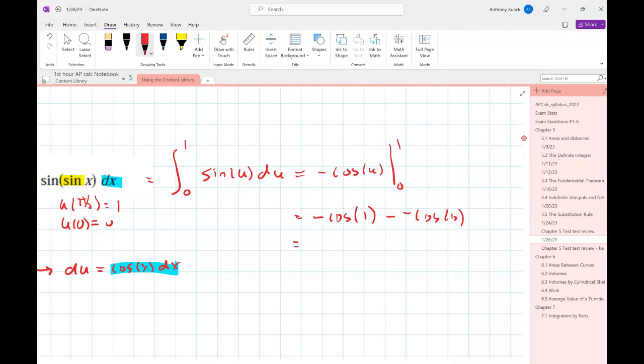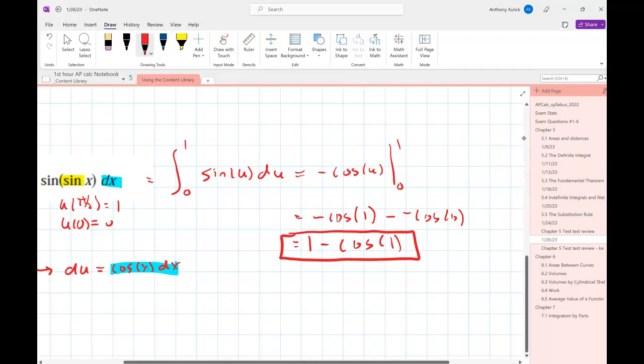So cosine of 0 is 1, right? So I'm going to have 1 minus cosine of 1, and I don't know what that is. I guess you could type it in your calculator and get a decimal from it, but I'm fine with just writing it as 1 minus cosine 1. Is that okay? Looks scarier than it turned out to be, right? Yeah, it was very scary looking. Not so bad.